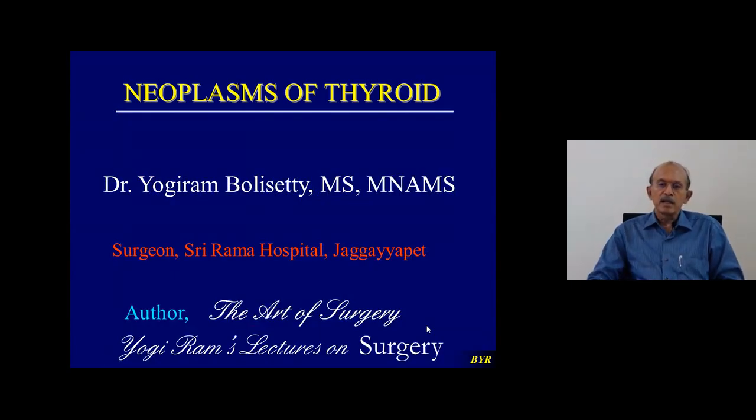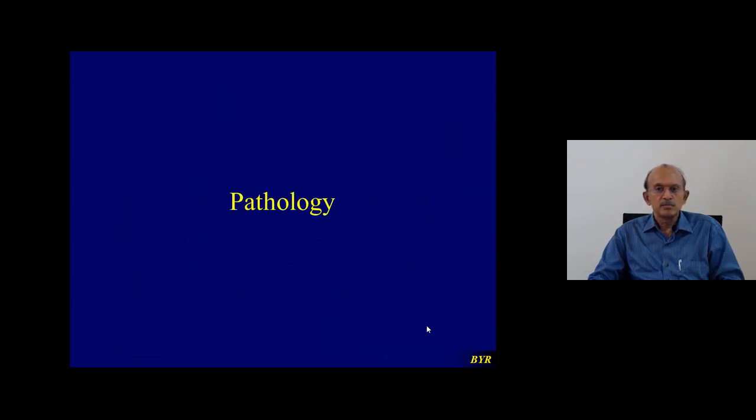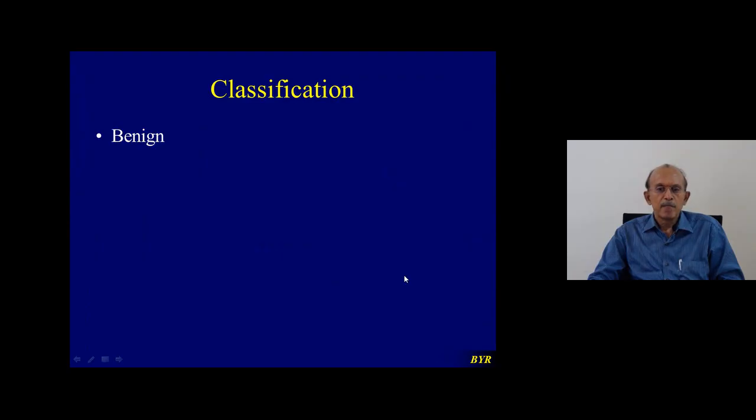So we have completed the simple goiter. We have completed the toxic goiter. Now neoplastic goiter. Classification of neoplasms of thyroid: benign and malignant. Benign: follicular adenoma.